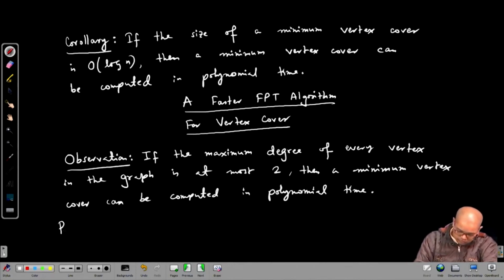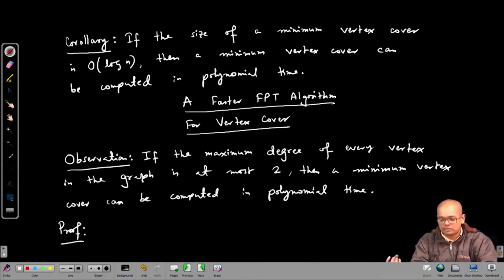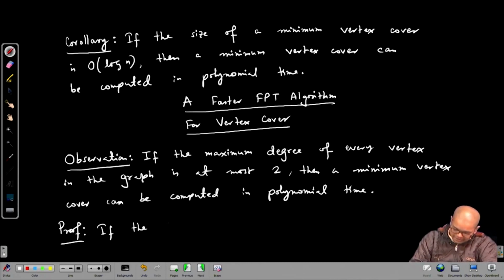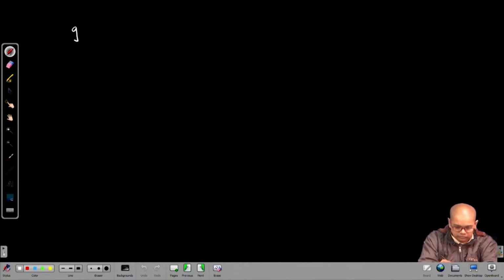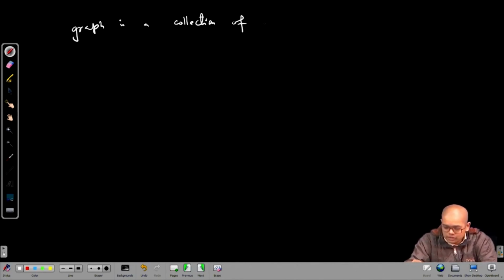Okay, how? First observe that under this assumption, if the maximum degree is at most 2, then the graph is a disjoint collection of paths and cycles.